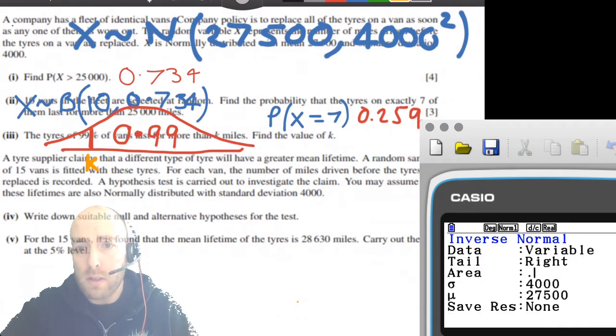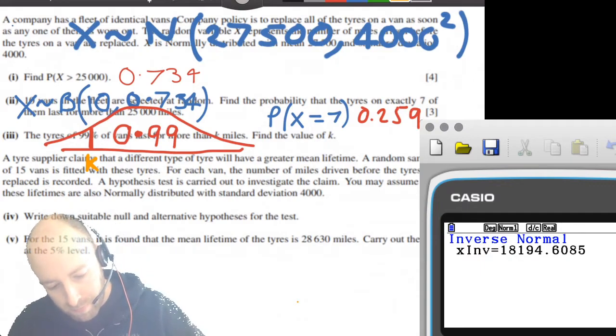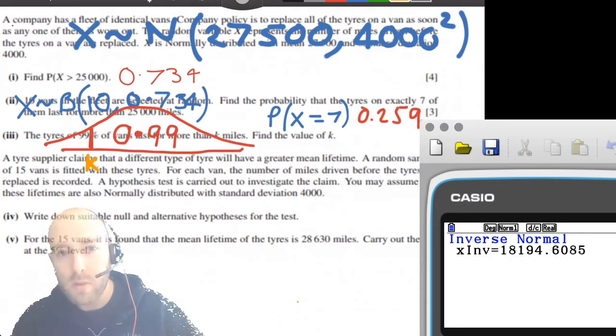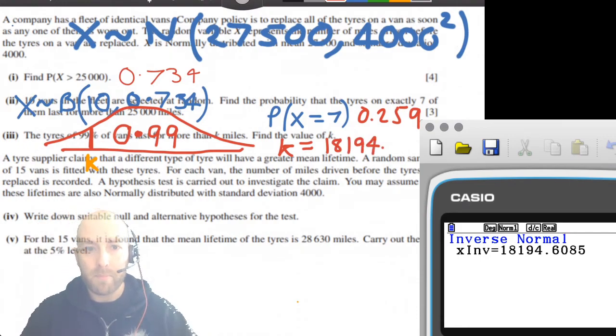So 0.99 for 99%. Everything else is already there because we're doing the same question as before. So we get k equals 18194.6.